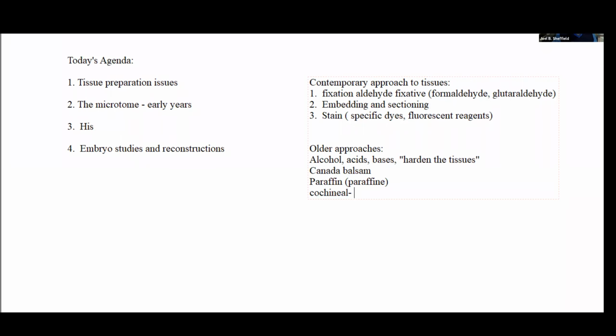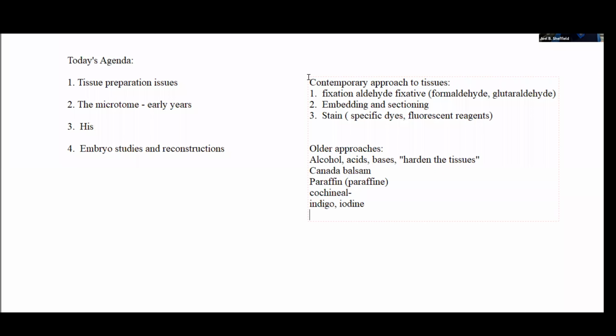It's the red dye that's in the shell or the wing cases of ladybugs, among other things. It's an insect product. Obviously, plant products, indigo, and then a few of the chemical things that were identified, like iodine, were used as stains. Okay?